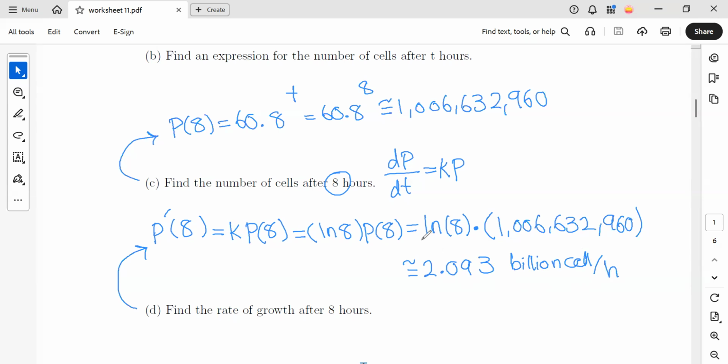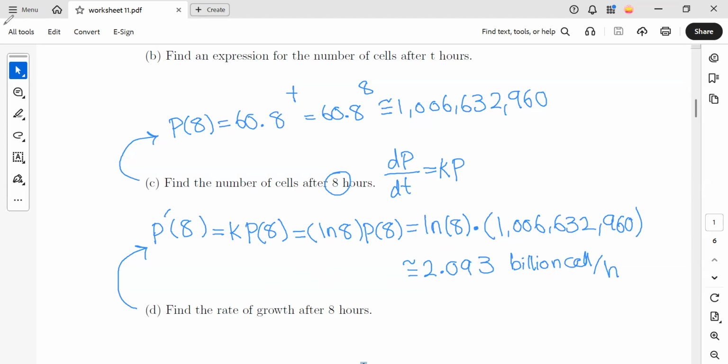You see here, if we wanted to find ln of 8 in terms of decimal, and then we round it up, and then this one is another one, which when we multiply them, we would have another decimal here that we're going to round it up again. So each time that you round up a number, it will be error. So we prefer not to increase the amount of error.